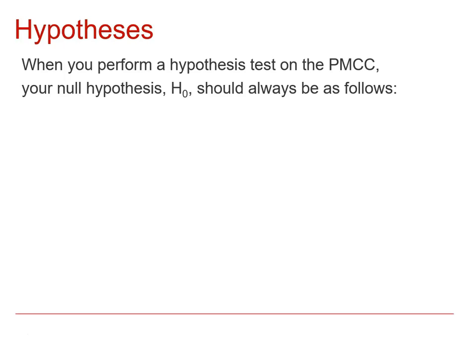When we're doing a hypothesis test on the Product Moment Correlation Coefficient, our null hypothesis should always be as follows. Either H0: no correlation between whatever our first variable is and whatever our second variable is.